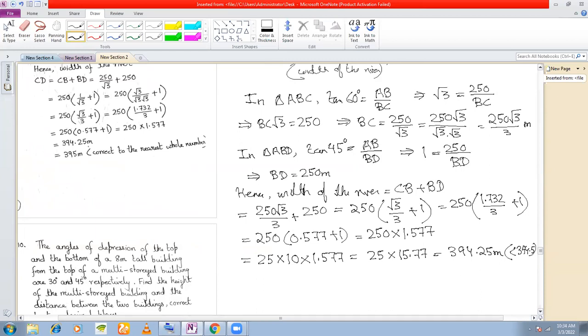I have written this as 395, it should be 394. So you have 394 meters correct to the nearest whole number. Okay. So that finishes this problem also. So I'll stop here.